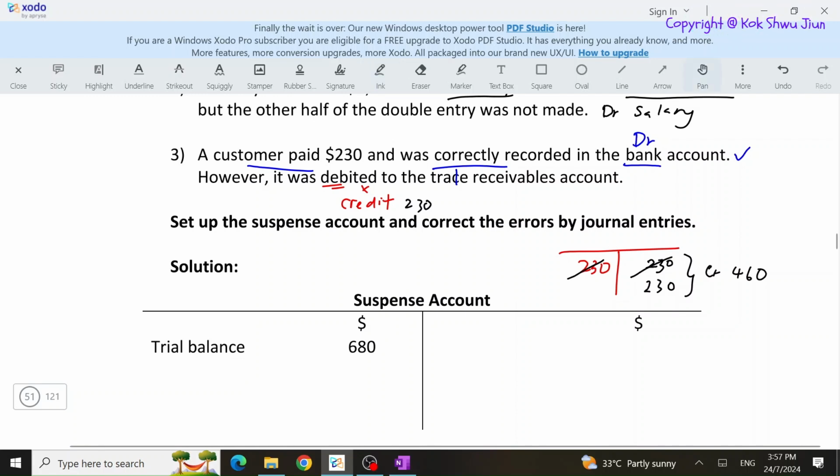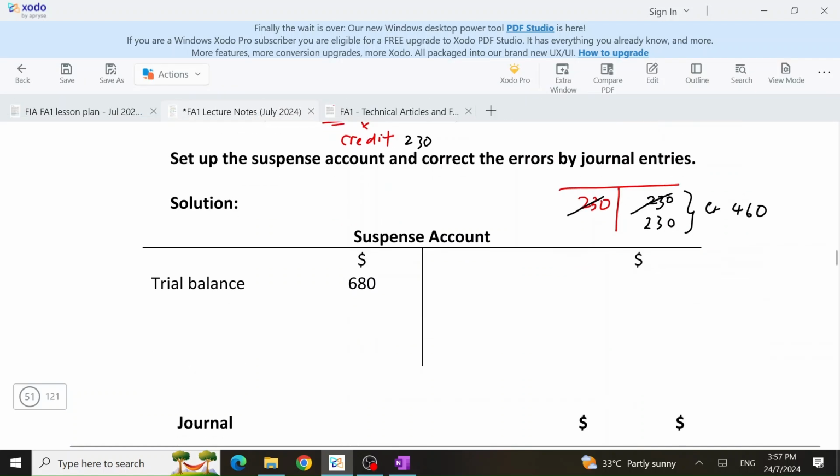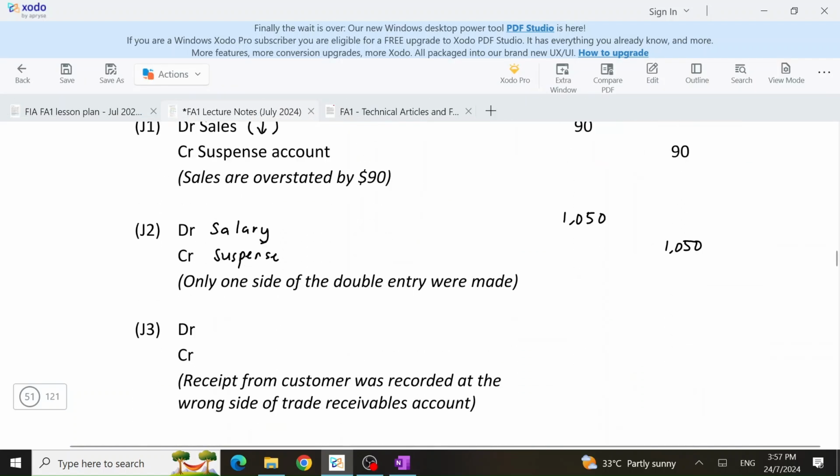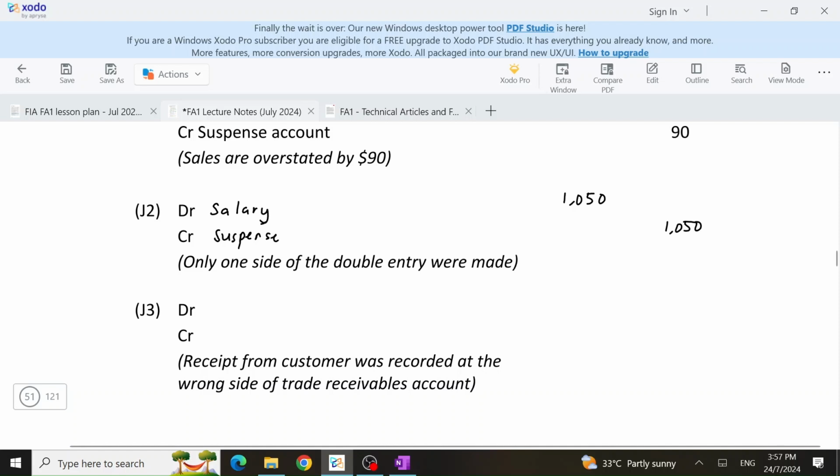Where should I credit this 460 to? Trade receivables. How about the debit entry? Suspense. Okay, suspense account, you follow the figure 460. So you go to credit trade receivables, double the amount, 460, and you put suspense as your correspondence account.